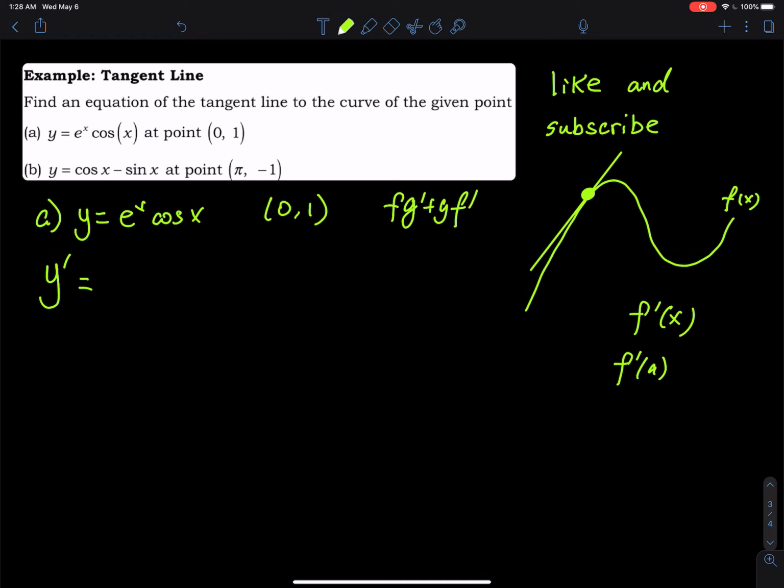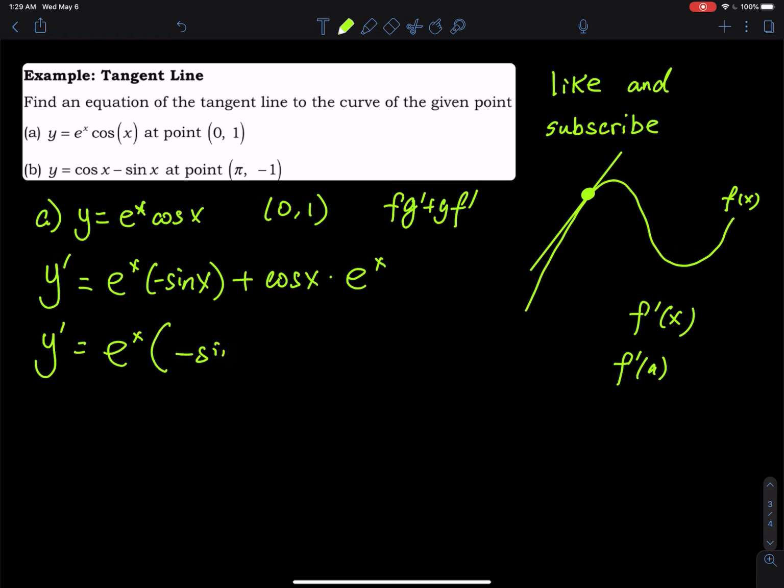So for f g prime, we take the derivative of cosine and copy e to the x. The derivative of cosine is negative sine of x, and then we add g, which is cosine, times the derivative of e to the x, which is always e to the x. So y prime, we factor out e to the x, is e to the x times negative sine x plus cosine x.